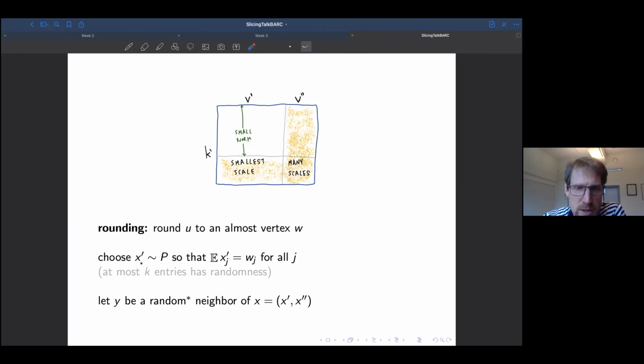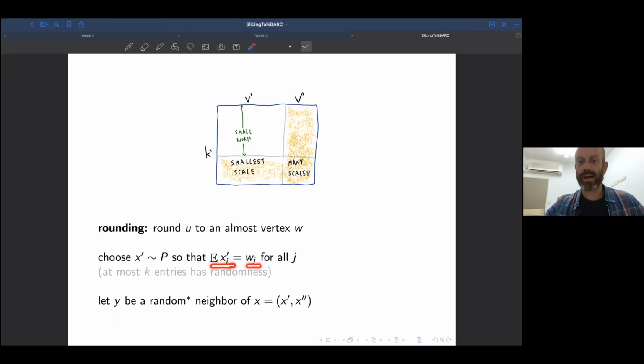So W actually exactly defines the distribution for us now? Yes, basically the coordinates are Bernoulli: we sample the x prime coordinates with Bernoulli according to the W coordinate, and they are independent. What is the bias of, say, the first coordinate?